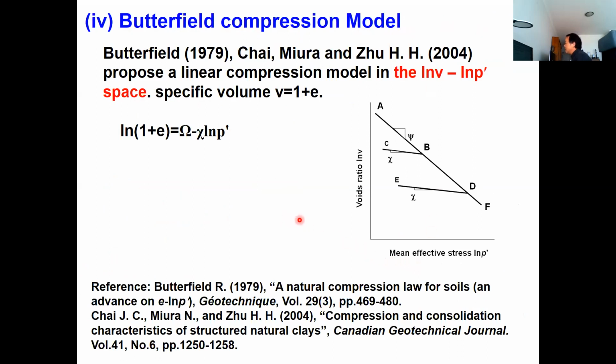In the Boland model, they use a logarithm scale for the mean effective stress, called log p dash. Then in Butterfield's model, they use log specific volume. The specific volume is 1 plus e. So the development from the Skempton model to the Butterfield model is that instead of using only log p dash, you also use log v, or log 1 plus e. So this is the development.